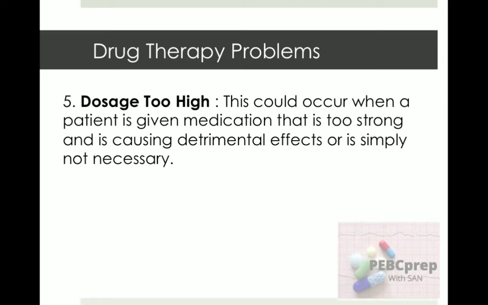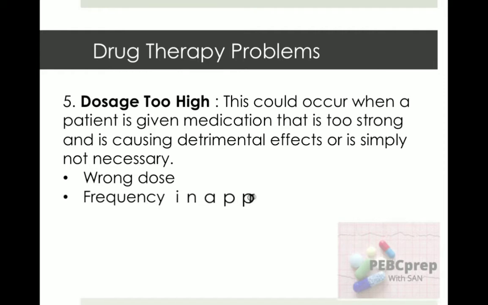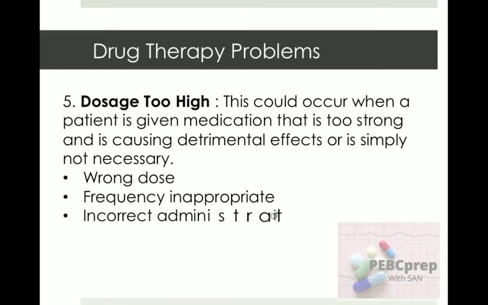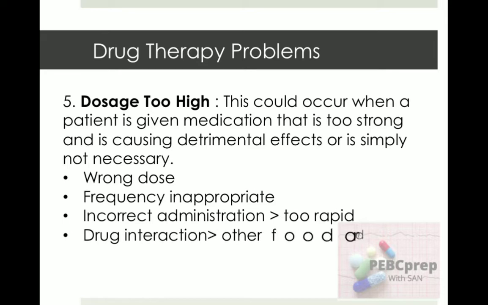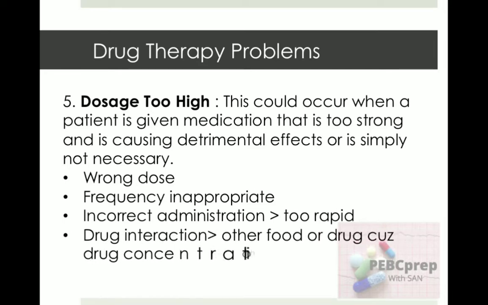If a patient is taking too high a dosage of a medicine, then definitely they will suffer side effects. For example, wrong dose, frequency inappropriate, incorrect administration, too rapid administration, drug interaction, other food or drug causing drug concentration high in serum.